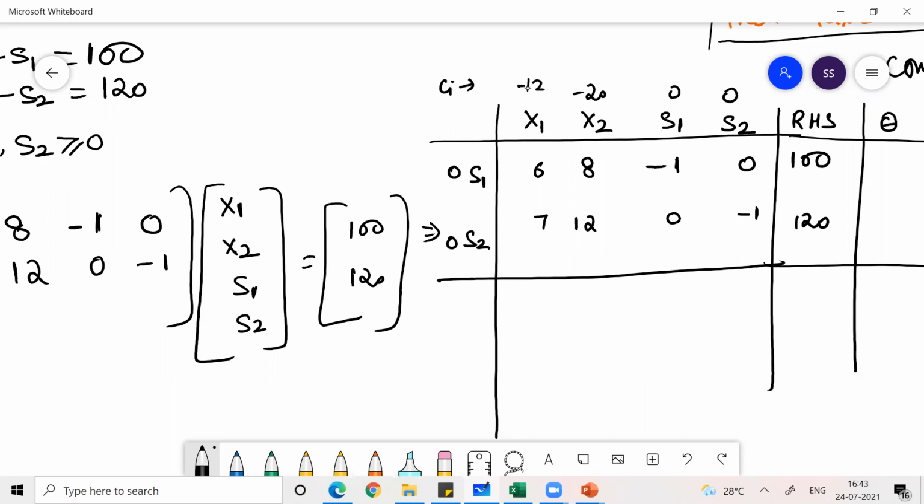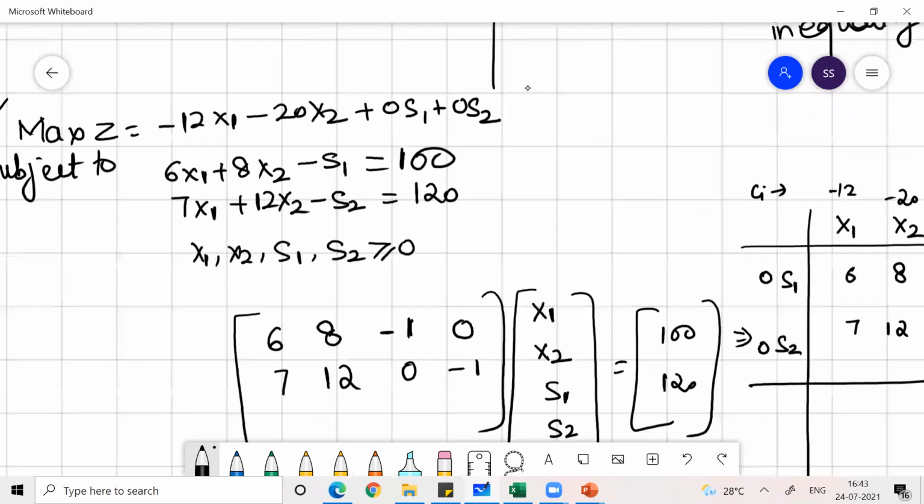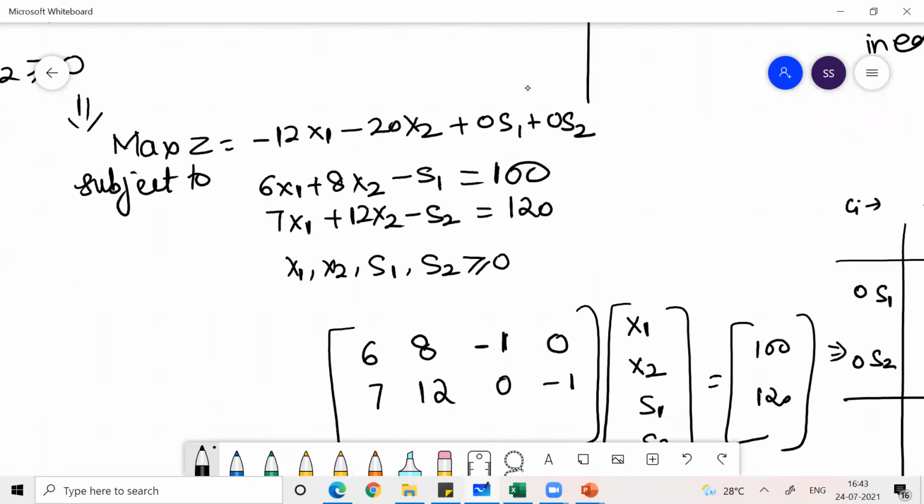The real issue happens when you have greater than or equal to constraints, guys. If your constraints are greater than or equal to, then you have to introduce a negative slack variable into the problem.